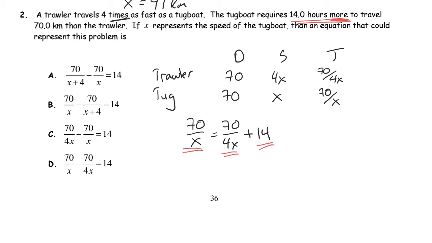Now, when you look at the ABCD, well, that isn't there. But all I got to do is subtract that term from both sides to get 70 over x minus 70 over 4x equals 14. And then you can see that it's going to be D.